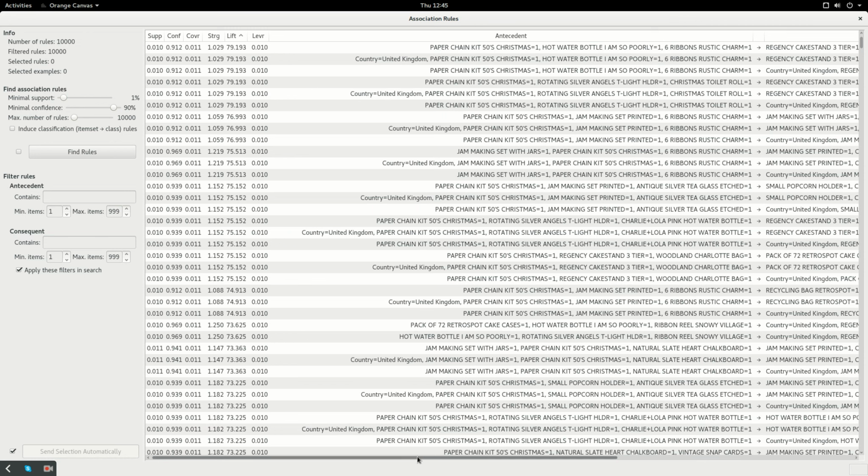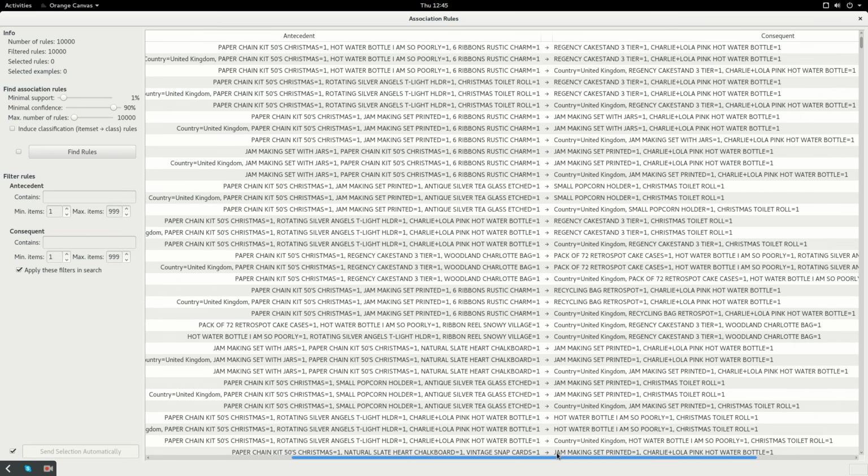If we have a quick look at the rules that came out, we're looking at some interesting conditions. Let's say we can see that if a customer bought paper chain kit 50s, I don't know what that is, hot water bottle, I am so poorly, and the rustic charm, then they very probably also got a Regency cake stand and another hot water bottle.